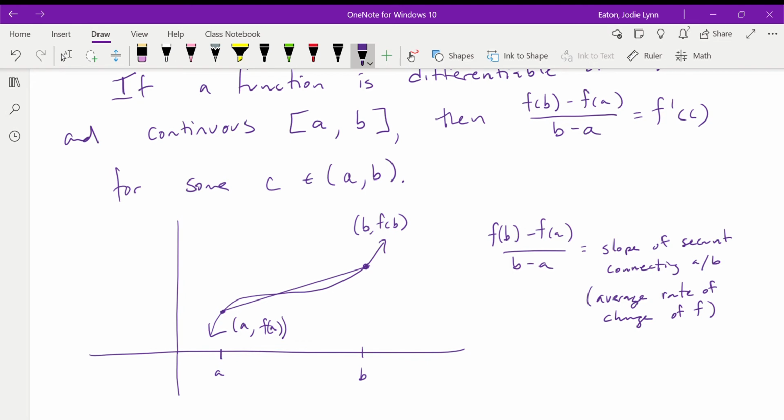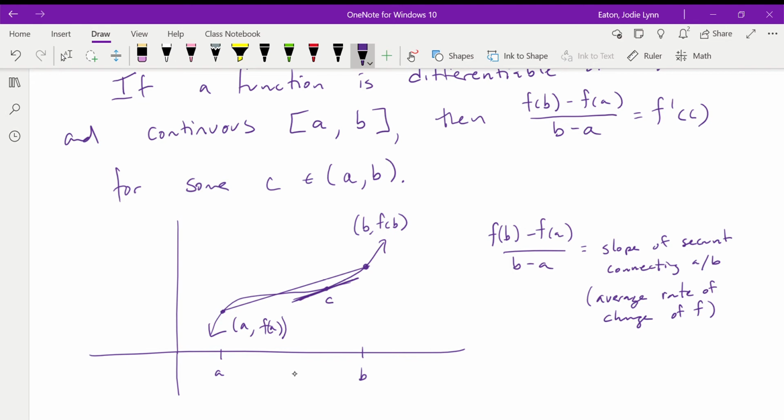So what the mean value theorem is saying is that for some point between a and b, there has to be a point where the tangent line has the same slope. So at this point C, we have a tangent line that is parallel to, with the same slope as, our average slope of the function between a and b.